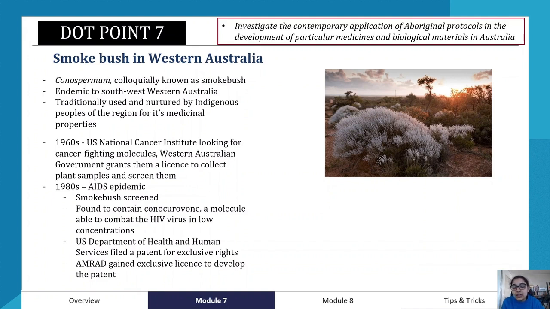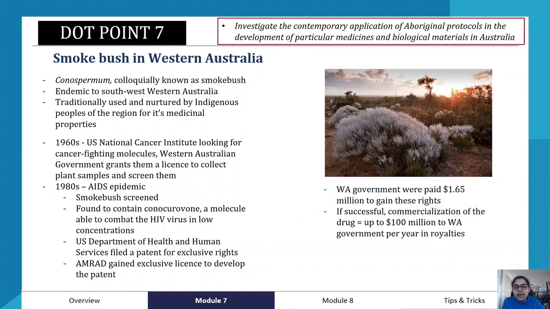And the US Department of Health and Human Services filed a patent for its exclusive rights. The WA government was paid $1.65 million at the time, and the process, I think it's still ongoing, but if it was successful, they could be paid up to $100 million in royalties per year.